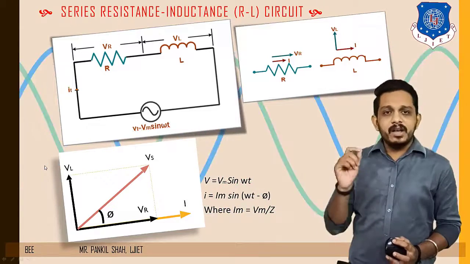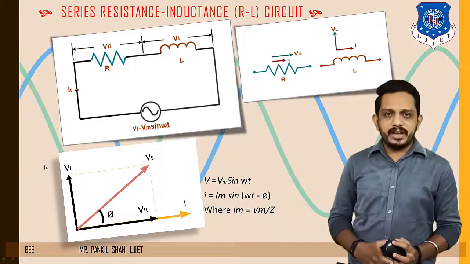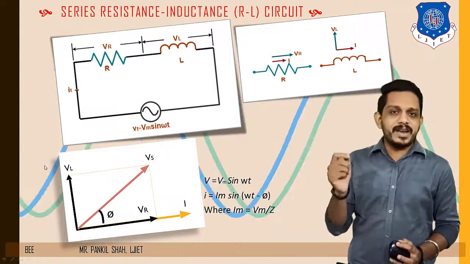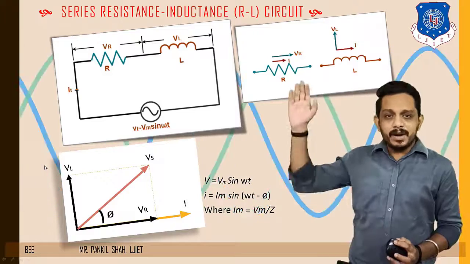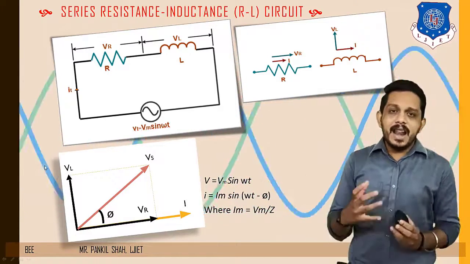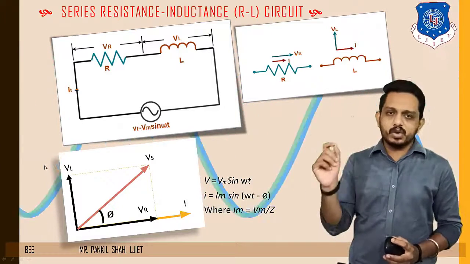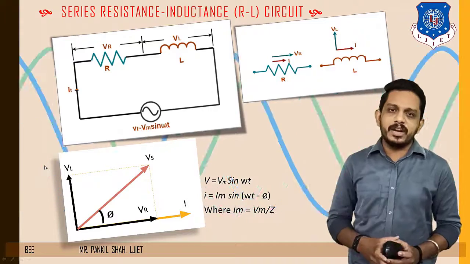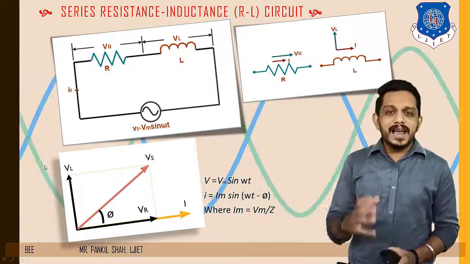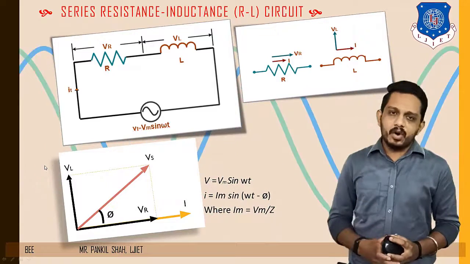In pure inductor, we have written minus 90, because in case of pure inductor, current lags behind the voltage by exactly 90 degree. But you have seen that in this series RL circuit, current is lagging behind the voltage by 5 degree. So our equations are V equals Vm sin omega t, our reference quantity, and I equals Im sin(omega t minus phi), our current quantity.